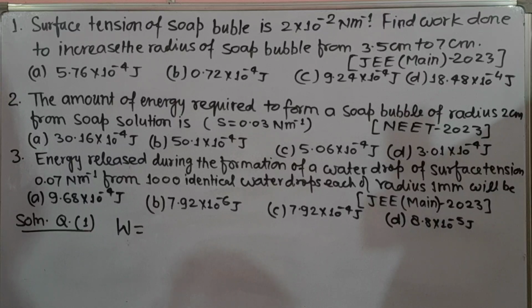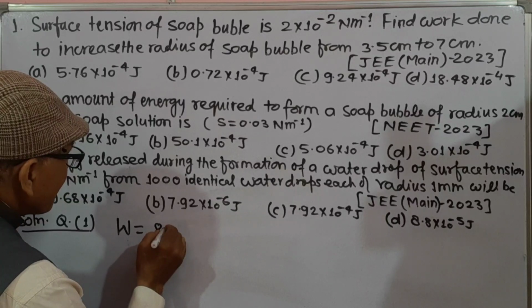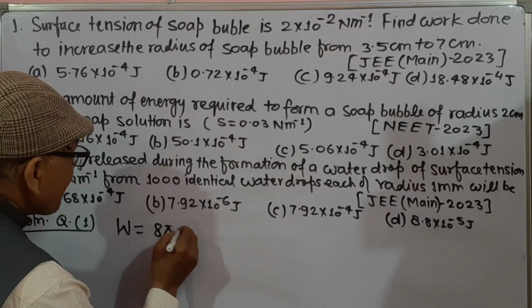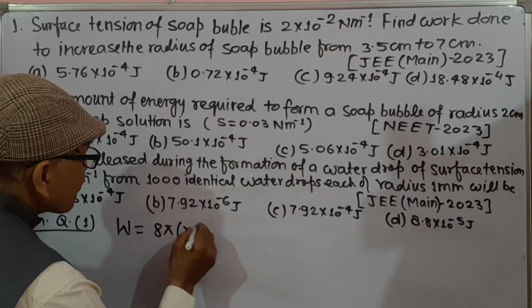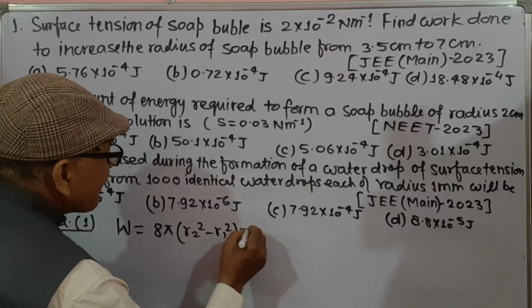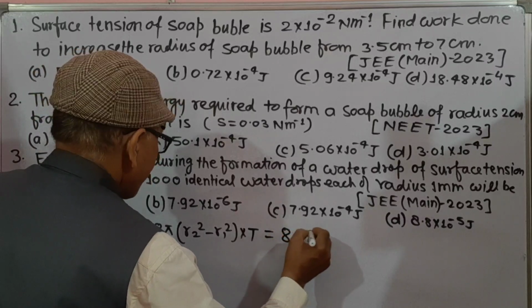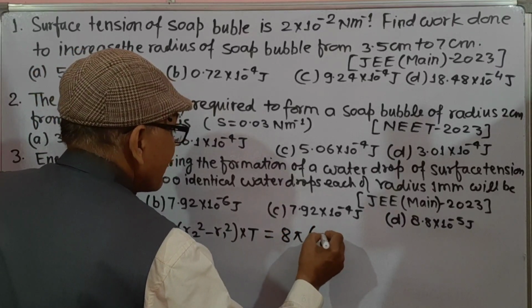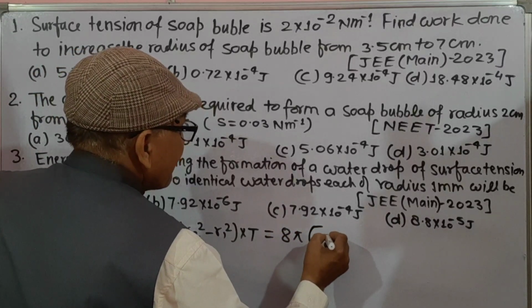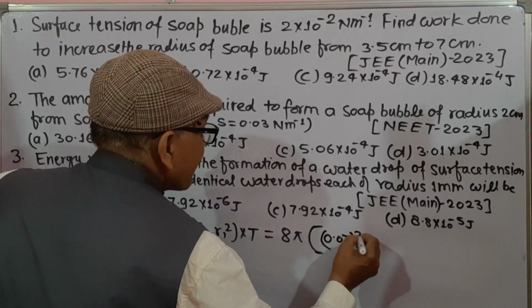Because soap bubble has two free surfaces, therefore work done will be equal to 8 pi into R2 square minus R1 square into surface tension T. So it will be equal to 8 pi, R2 is 7 centimeter, means 0.07 meter square.